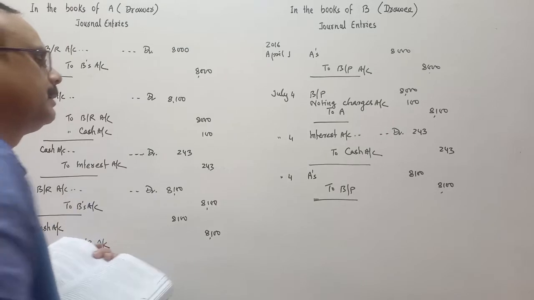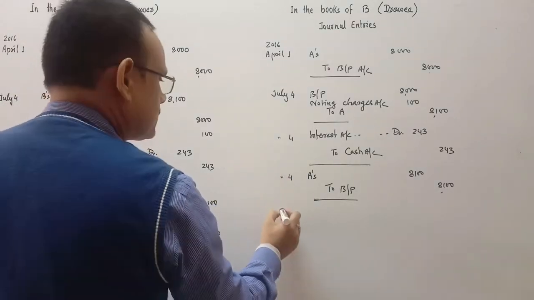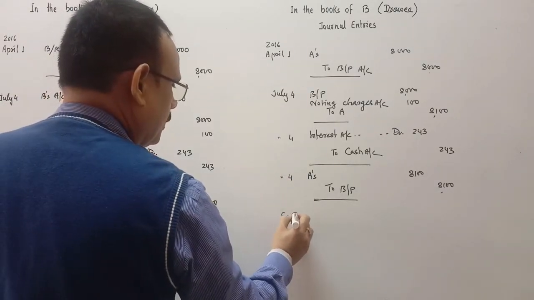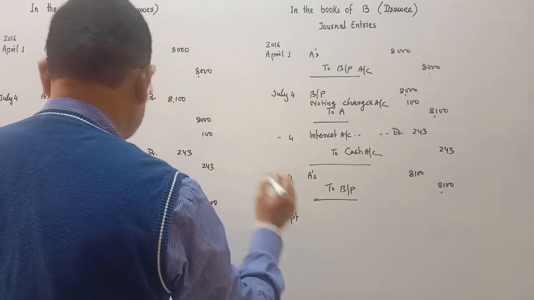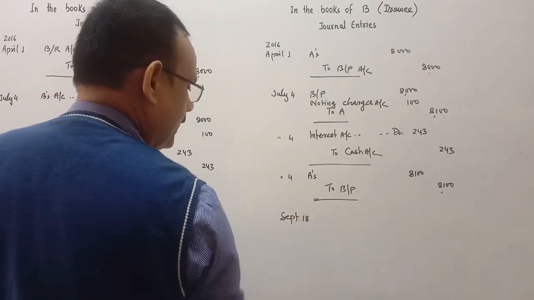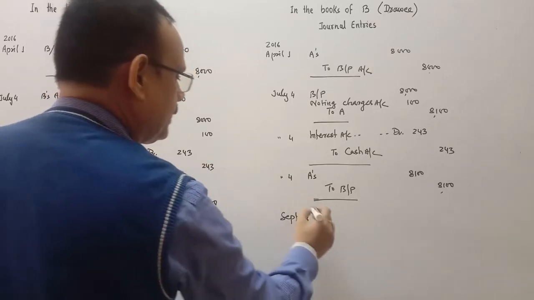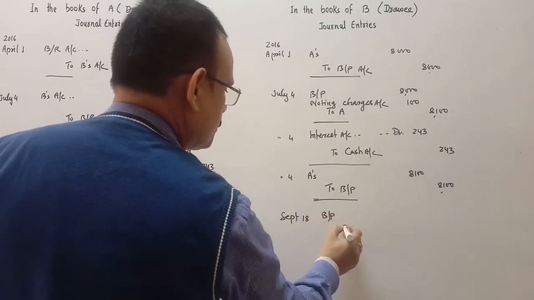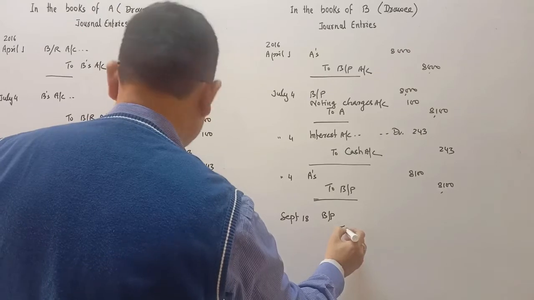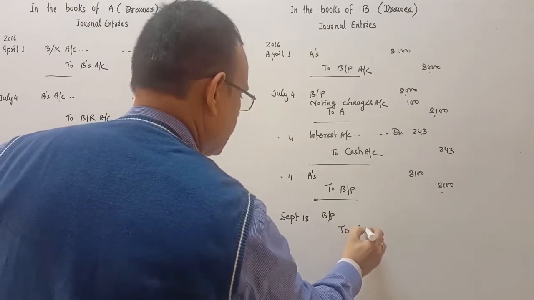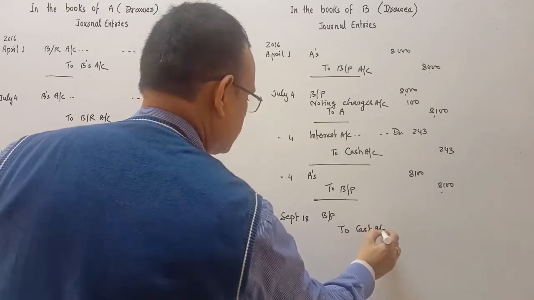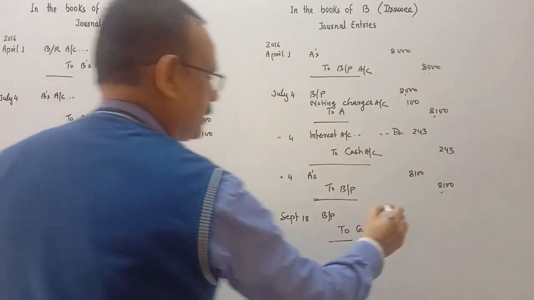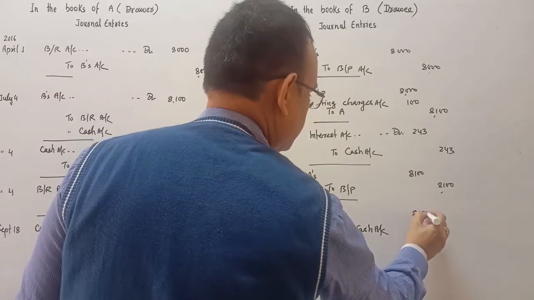Now on the due date, September 18, he will do the entry on September 18: bills payable account debit to cash account on the due date, 8,100.